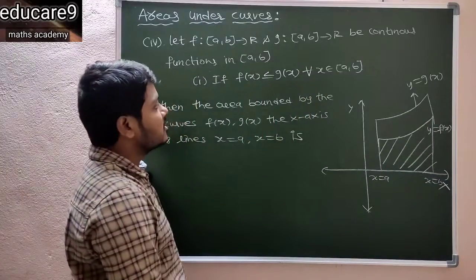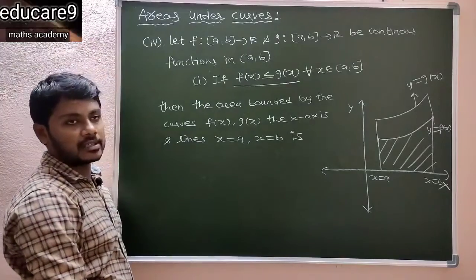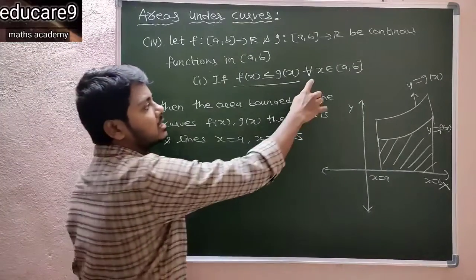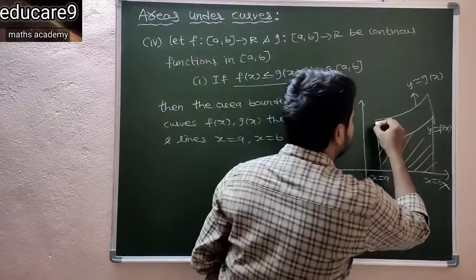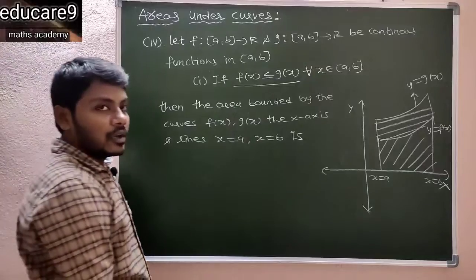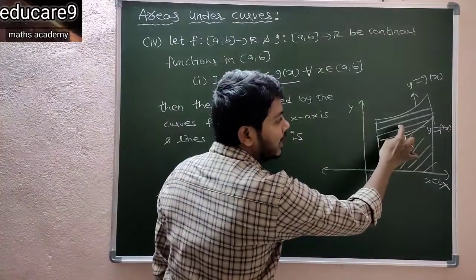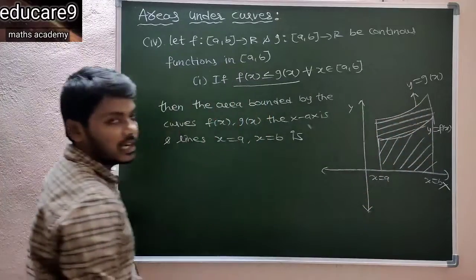But here f of x is less than or equal to g of x for all x belongs to the closed interval a comma b. So in that case the area is this area. Now here you need to find the area of this. So clear here f of x is less than or equal to g of x.